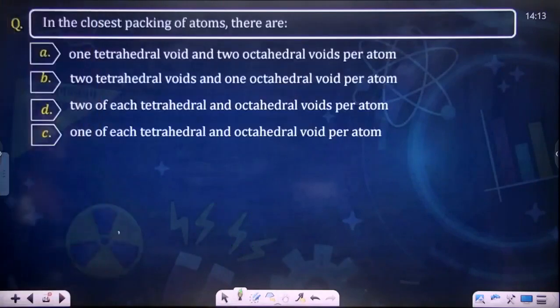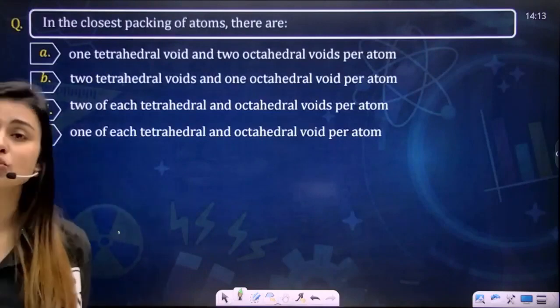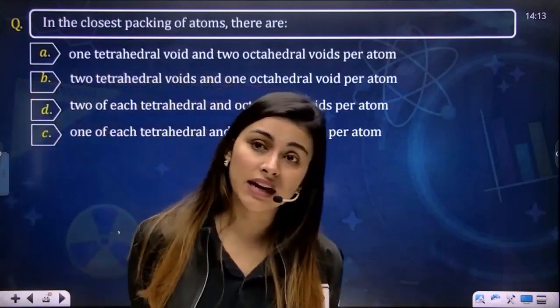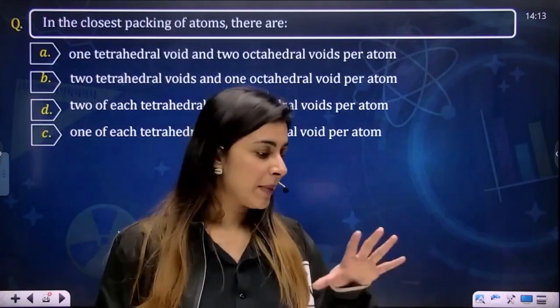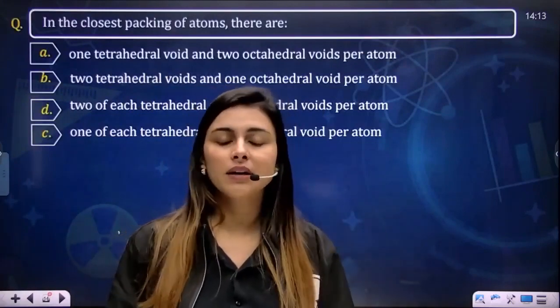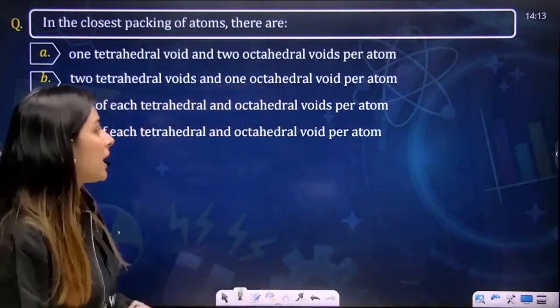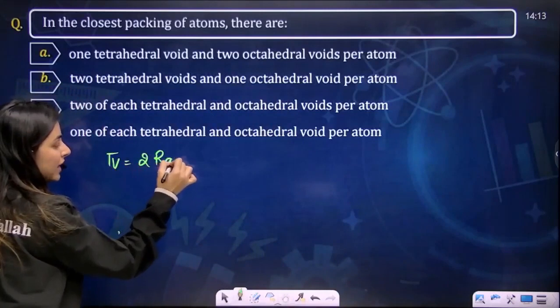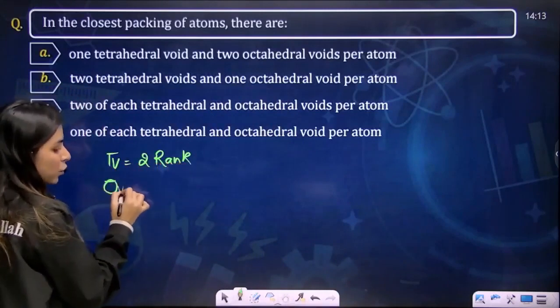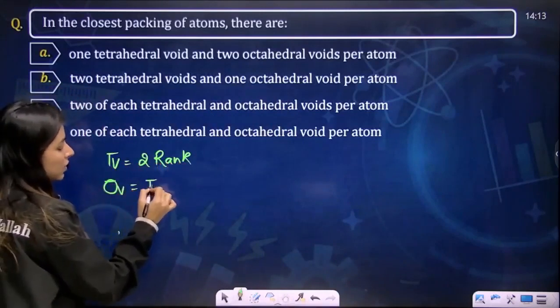In the closest packing of atoms, my dear students, you know that in close packing there are tetrahedral and octahedral voids, but in the packings which are not close, they do not have tetrahedral and octahedral voids, right? And also you have tetrahedral voids equal to 2 times of rank, and you have octahedral voids exactly equal to the rank, right? Yes.